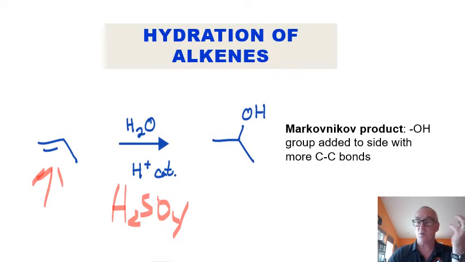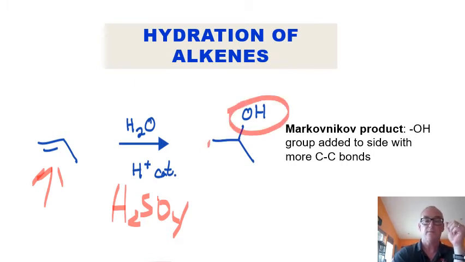And when it takes on the water, remember, the carbon that has more carbon-carbon bonds gets the hydroxyl group, and the other one gets the hydrogen. That makes an alcohol.